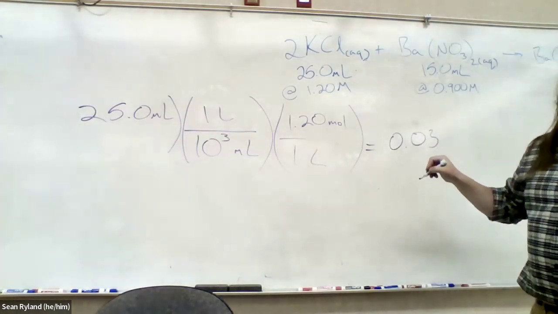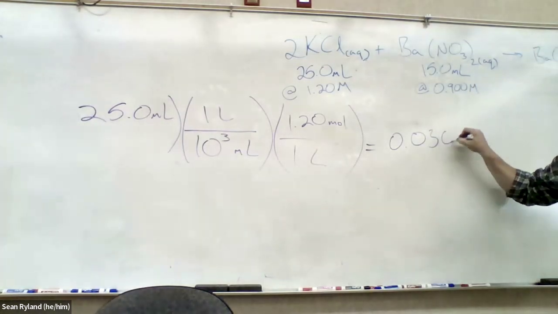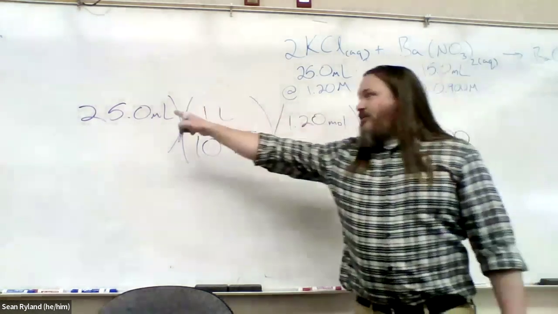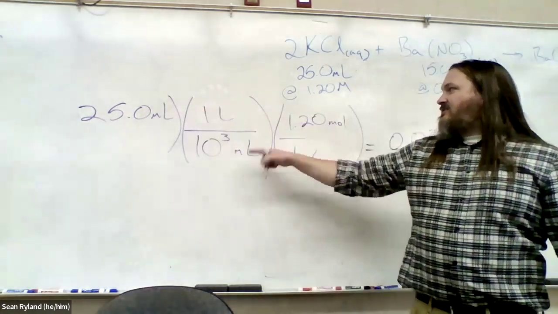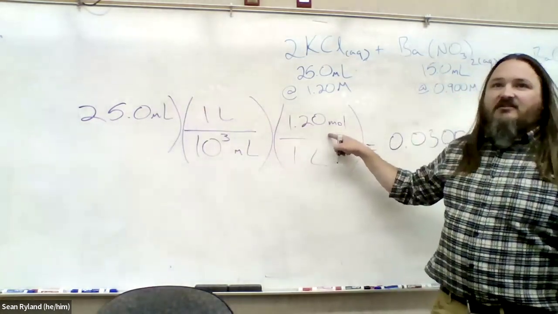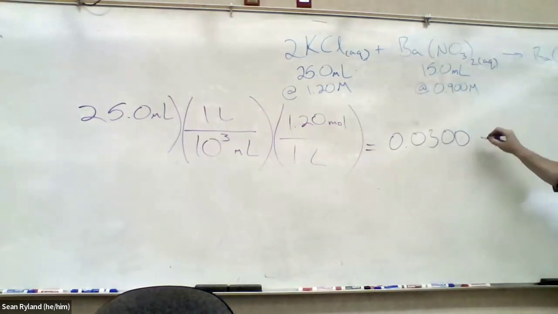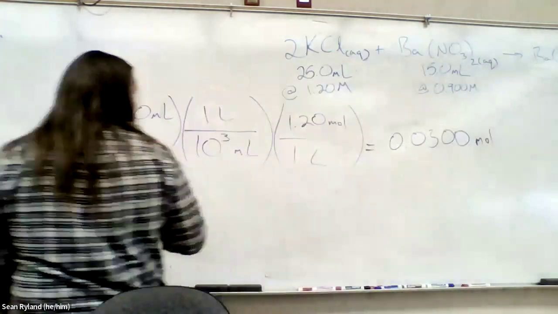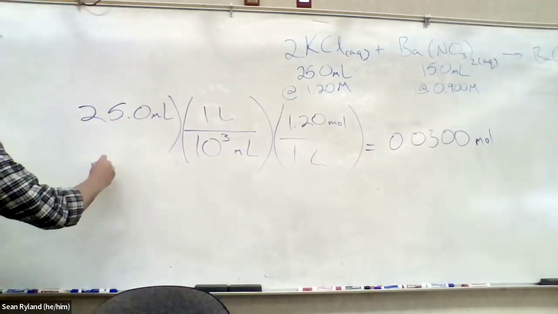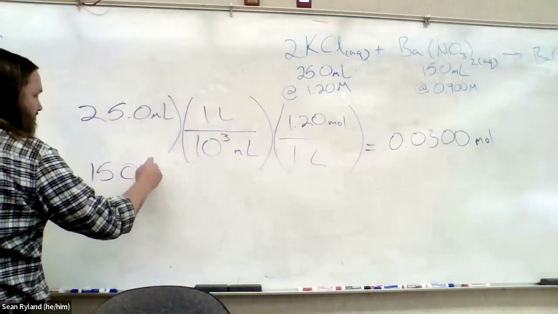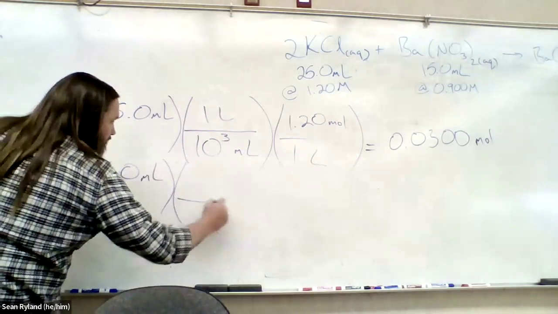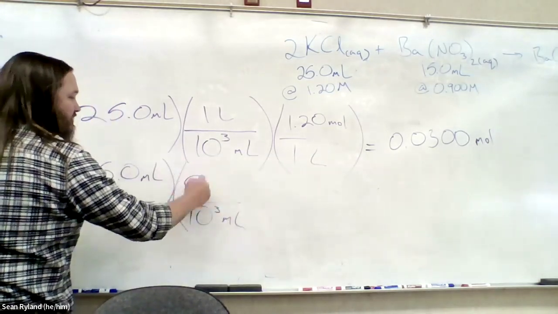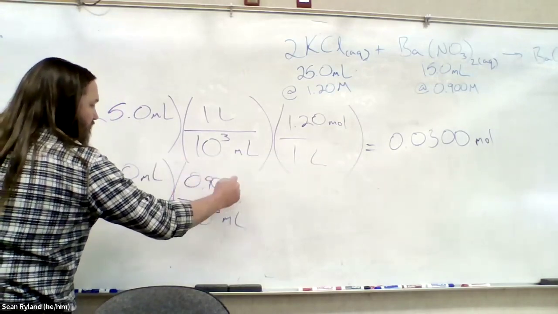How many sig figs are we going to keep? 3. 3 sig figs, infinite sig figs, 3 sig figs. Do the same thing with the other one, except it's 15 milliliters. 1,000 milliliters is 0.900 moles.